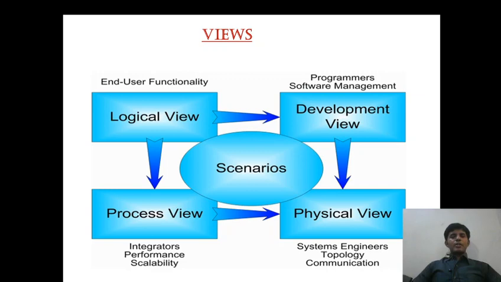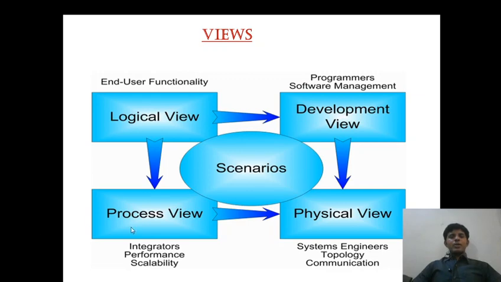If any difficulties are there, he will raise a lot of constraints on that. Logical view completely belongs to the end user perspective, and the views are represented with UML diagrams. We will see which UML diagrams are used to represent a particular view.